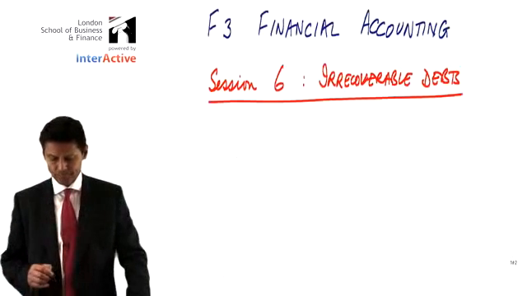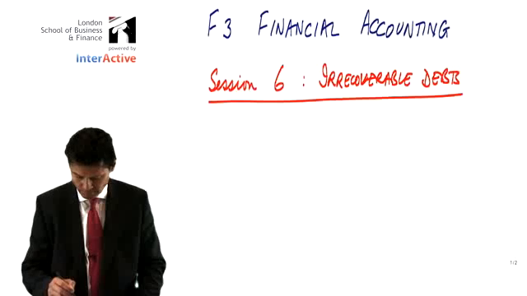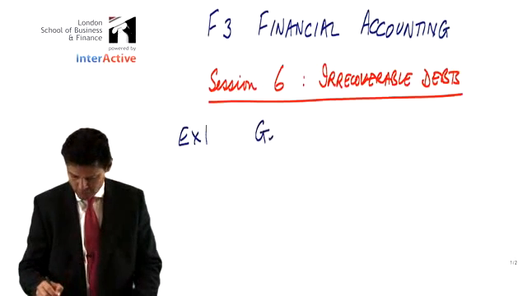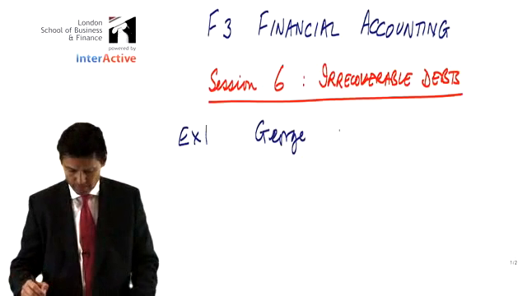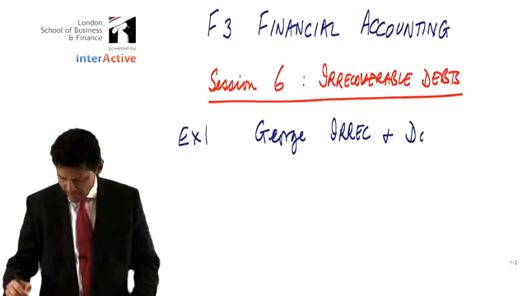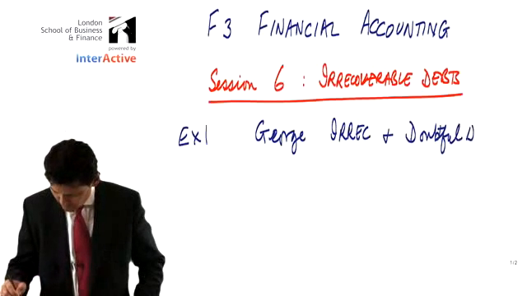Here we are. Irrecoverable debts, example 1, called George. Irrecoverable and doubtful debts.